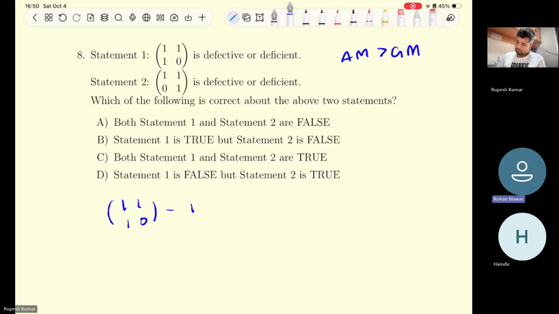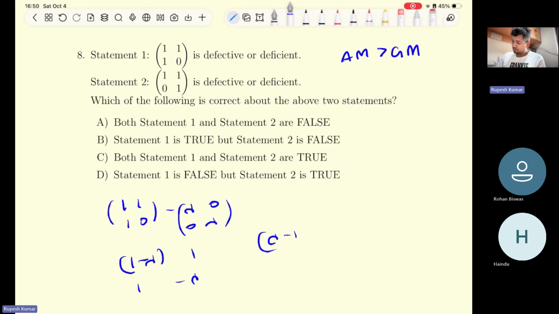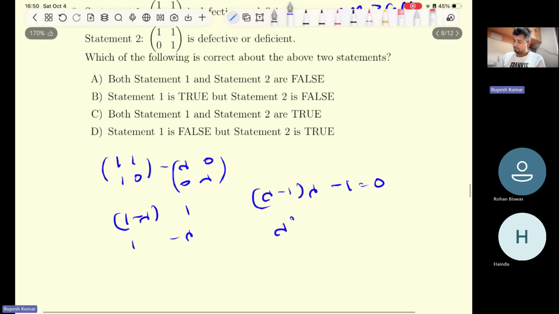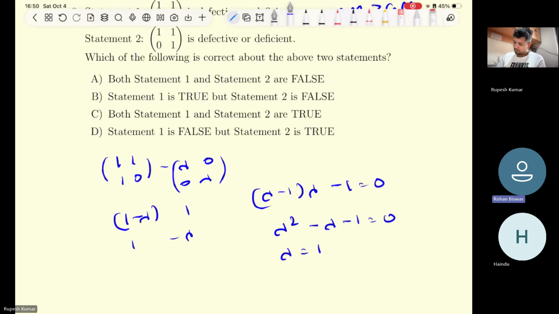So how can we check? For the first matrix, the eigenvalues come from lambda minus 1 into lambda minus 1 equals 0. So you get lambda square minus lambda minus 1 equals 0, right? Can we get the answer for this?